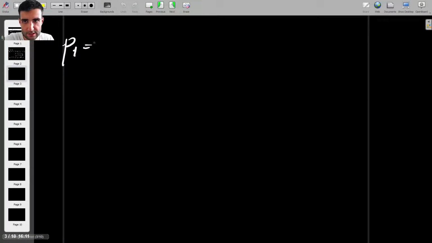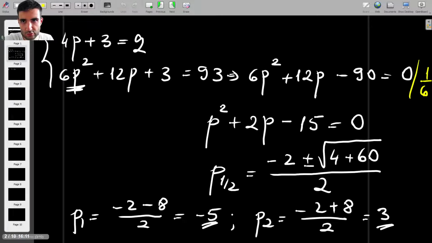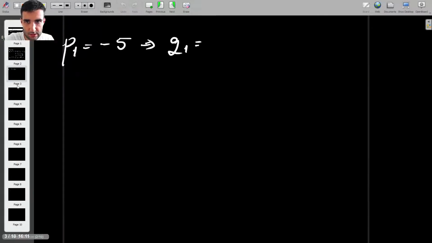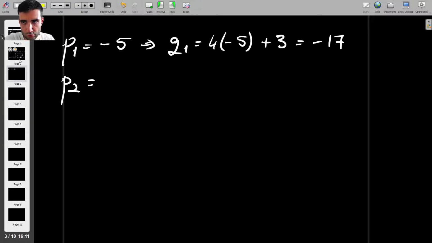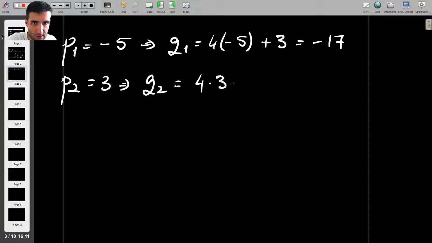If p is minus 5, then q is given by 4p plus 3. So 4 times minus 5 plus 3, which is minus 17. And if p2 is equal to 3, then q2 will be 4 times 3 plus 3, which is 12 plus 3, which is 15.